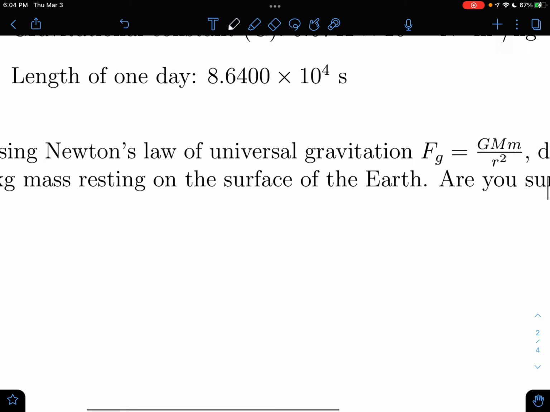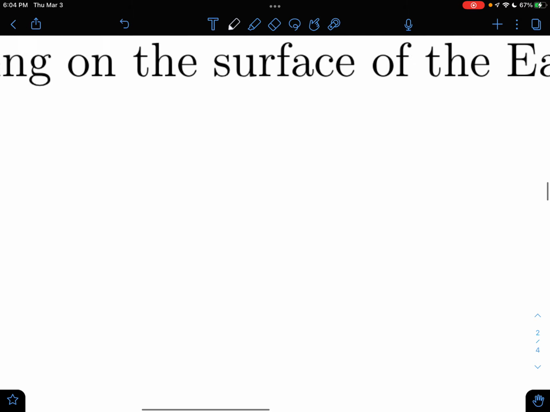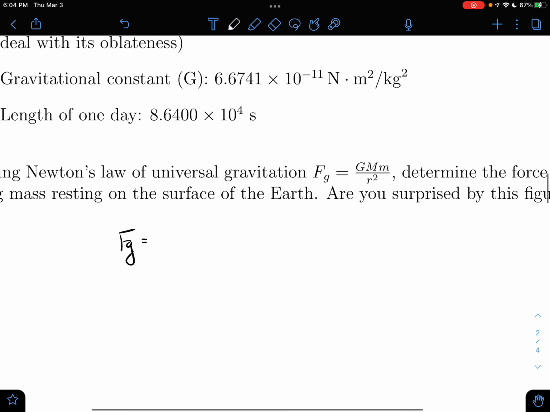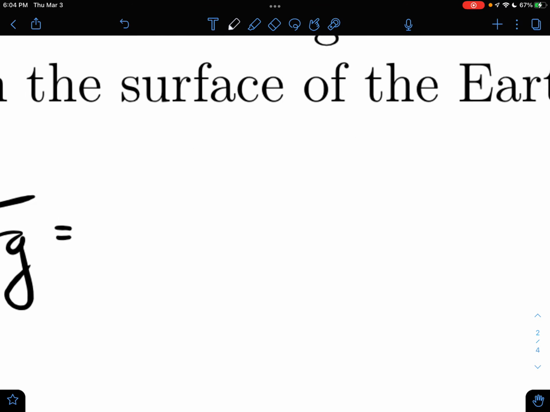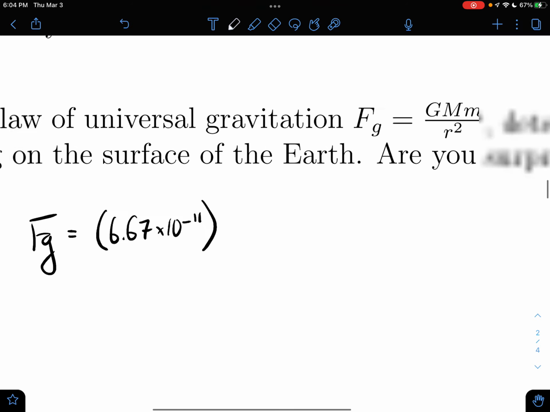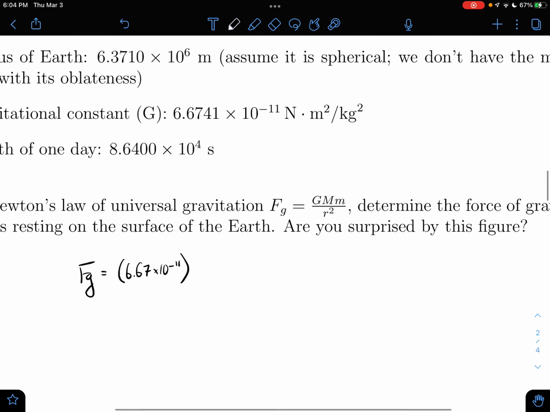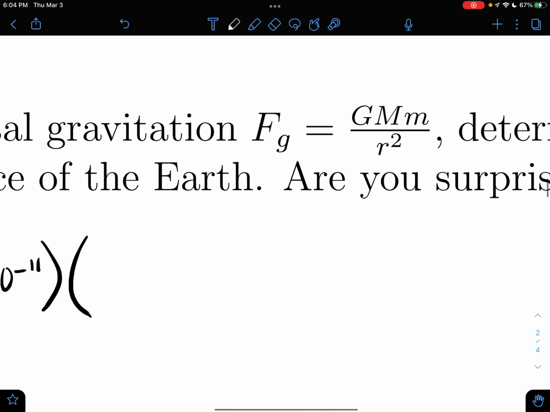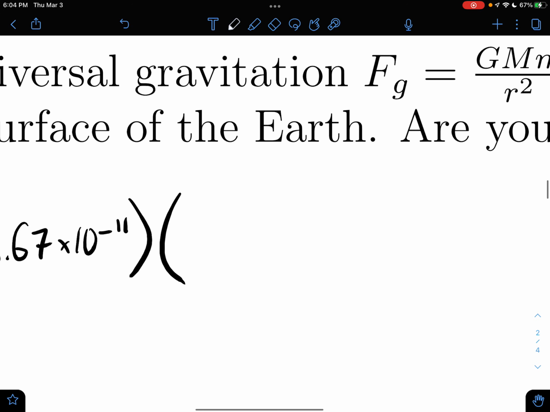So we are going to start punching some stuff in. Our force due to gravity: our big G, which is 6.67 times 10 to the negative 11. You can go to more decimals, but that's how far I have it memorized, so that's how far we're going to use it. And then our big M, which is the mass of the Earth, again 5.9722 times 10 to the 24th. It doesn't matter which M you call which; I just use big M as the bigger thing.